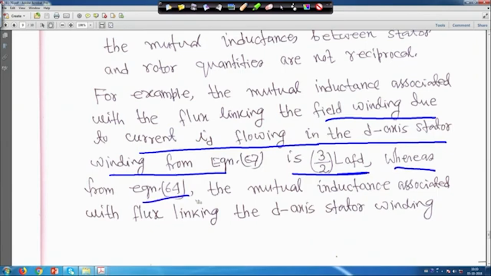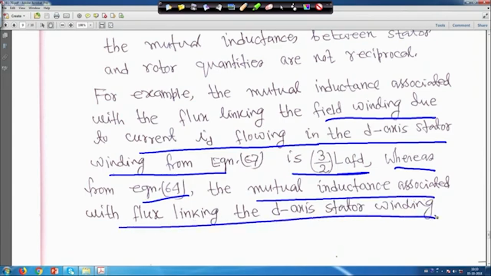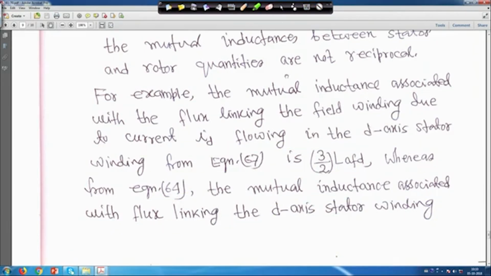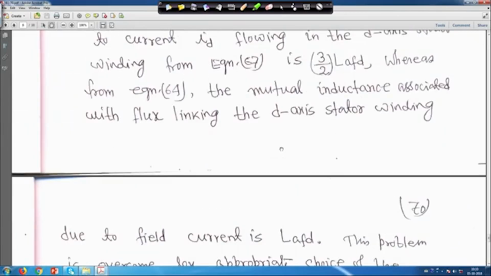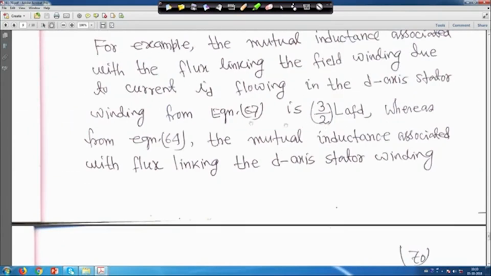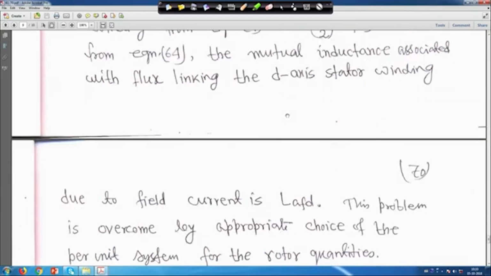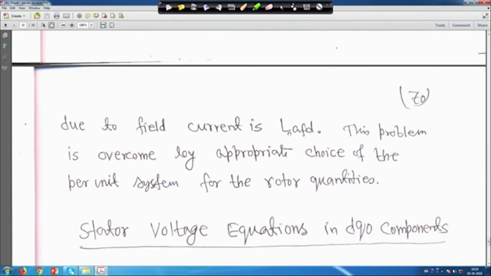Whereas in equation 64, the mutual inductance associated with flux linking the d-axis stator winding due to field current is LAFD. So they are not reciprocal. Reciprocal means they are the same, M12 not equal to M21. We have to choose an appropriate base so that we can transform to the same per unit values, which will be seen later.